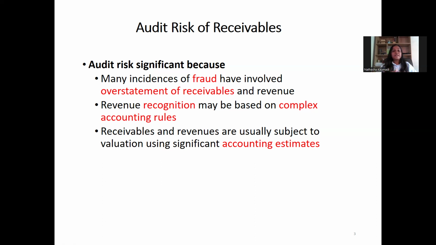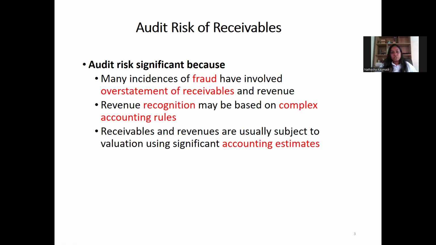When the credit sales are increasing, revenue increases, and at the same time accounts receivable, that means the trade receivable balance, increases. Now, what if the company's top managers want to show a high amount of sales during a particular year? They will record fictitious sales in the sales account, right?